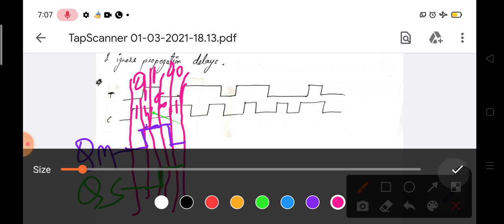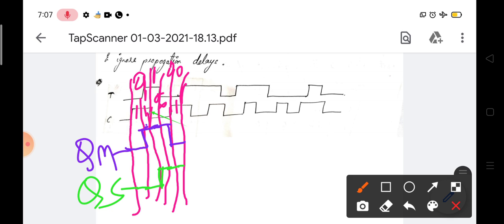Now next is up till the falling edge of the clock; we need to see what happens here. Clock is 1, T is 1.